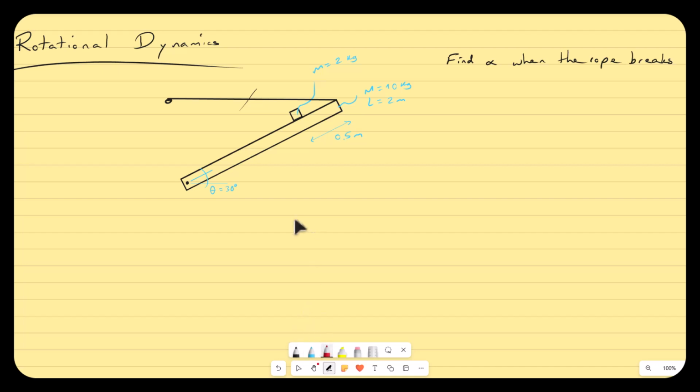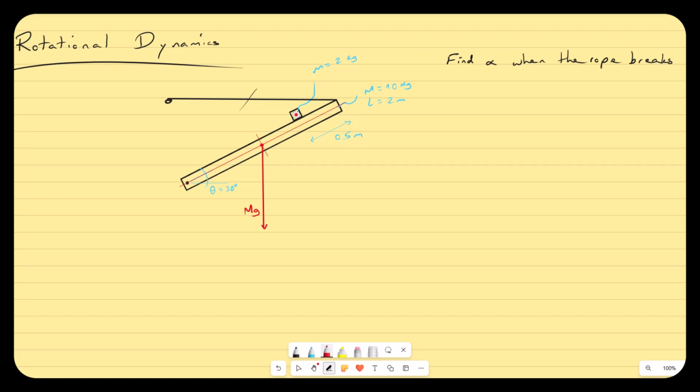Here we go. First, the forces acting on this: at the center of mass of this whole bar, which is about there, I'm going to have gravity acting. So there's my mg, capital M-G.